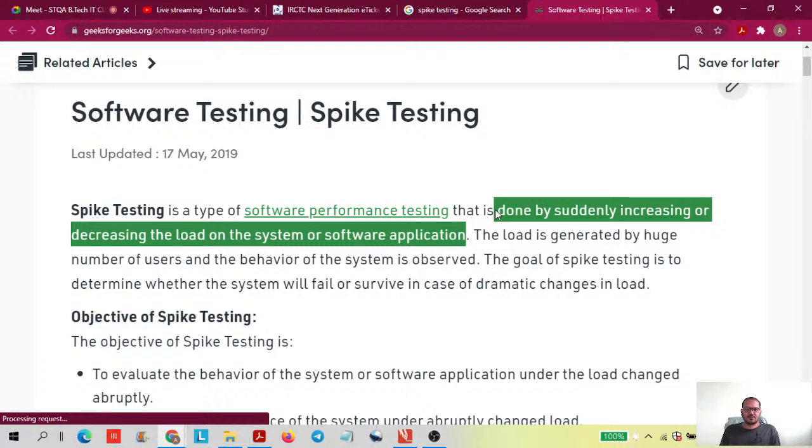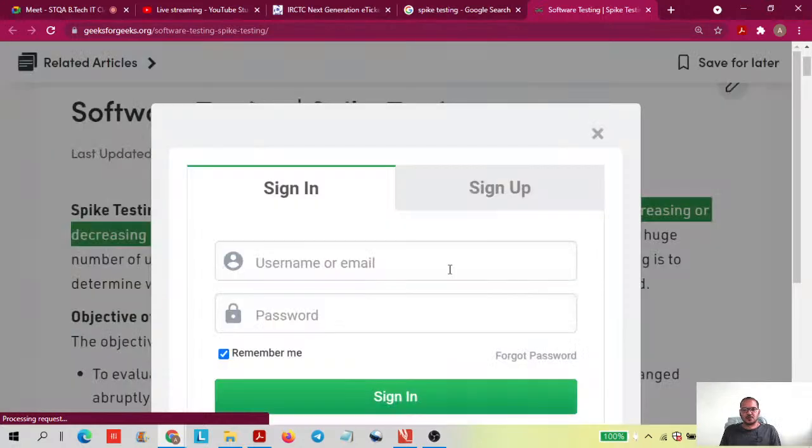Spike testing is a type of software performance testing done by suddenly increasing or decreasing the load.